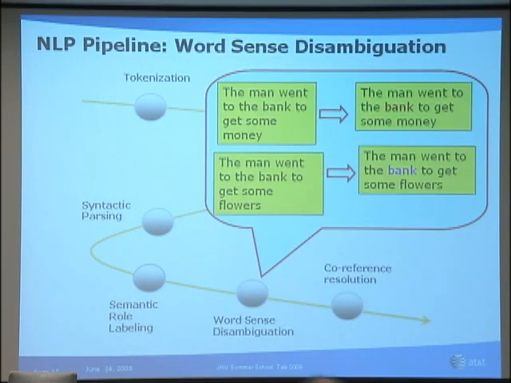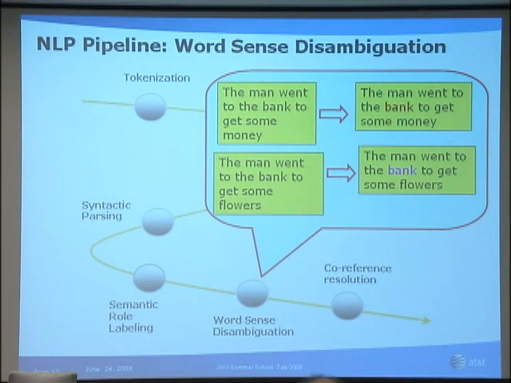Word sense disambiguation. We talked about bank as a verb versus a noun. You can also have the two senses of the noun bank, a financial bank versus a river bank.